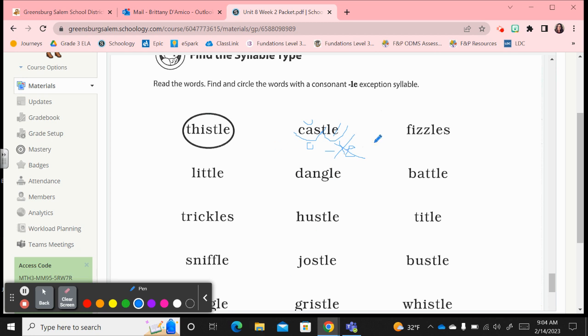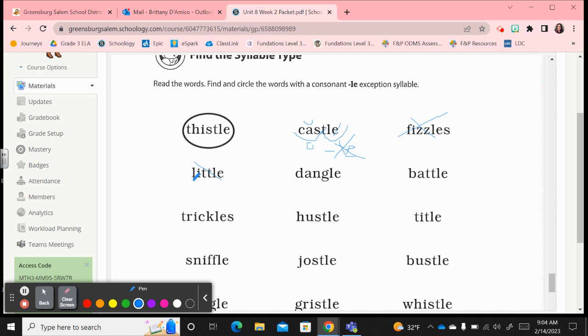Okay, fizzles is not a consonant LE exception. So we're going to just X that one out. We're not marking it. Little is not a consonant LE exception because, even though it's TLE, you can hear lit-o.